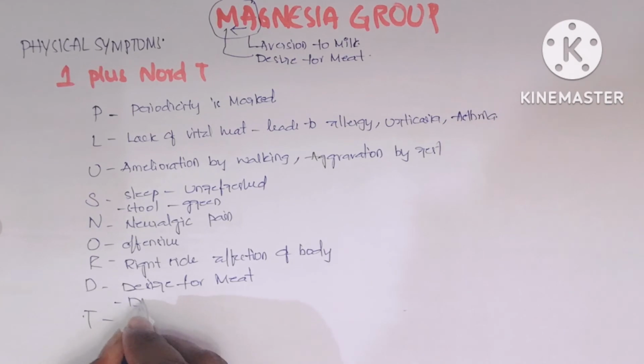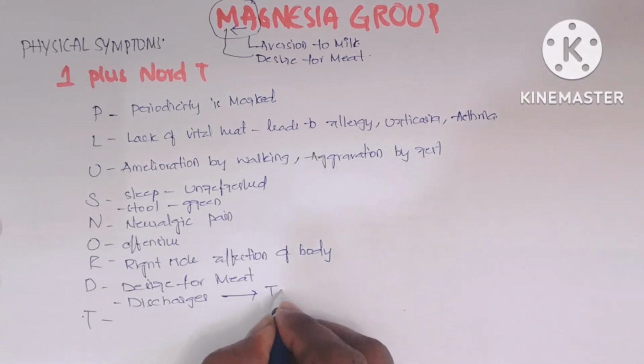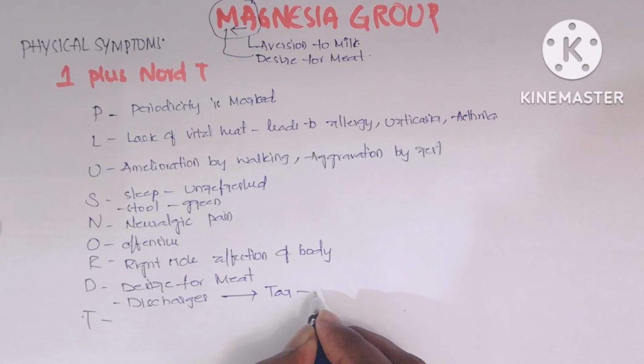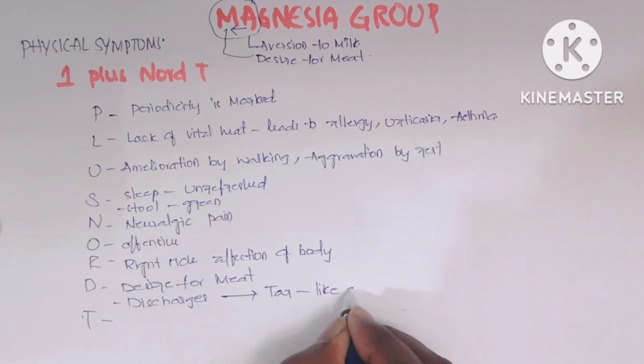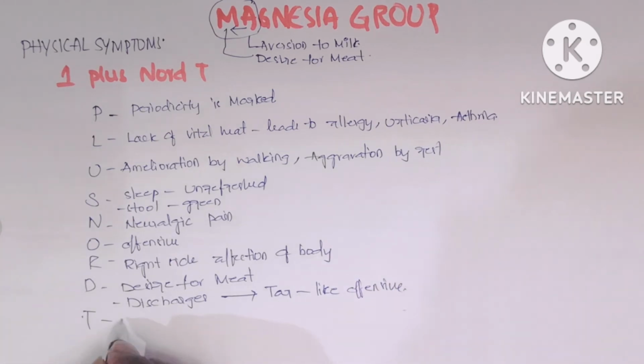And the D for discharges. Discharges are tar-like, offensive discharges. And the T for tumors, malignant tumors.